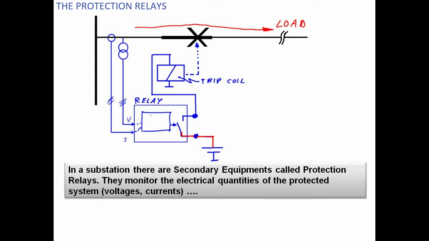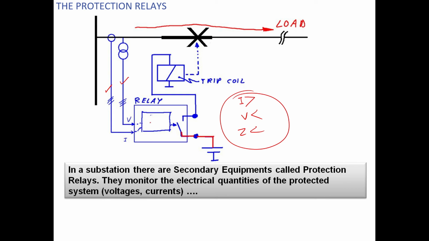In this session I am going to discuss very briefly how these protective relays are going to isolate the faults in your substation. The protective relay receives information from the current transformer and voltage transformer. Based upon these inputs, the relay may implement any algorithm, that is, overcurrent, undervoltage, or underimpedance.